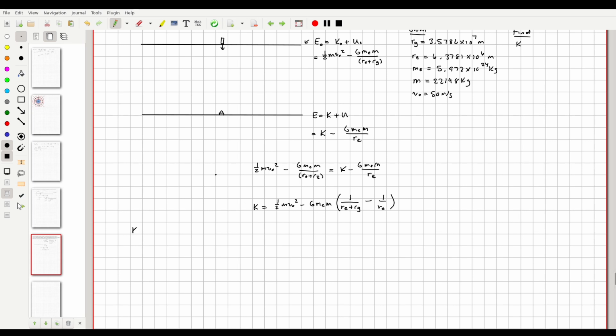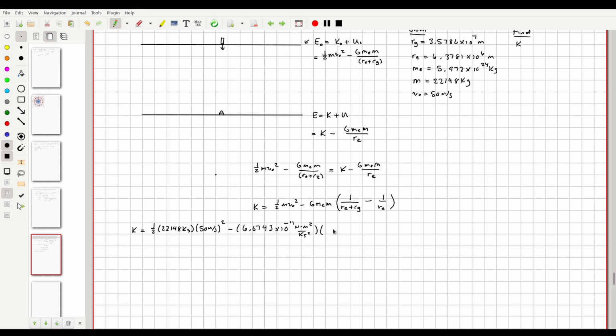So that's a pretty big thing. Let's do this calculation here. One half m, 22,148 kilograms, V, 50 meters per second squared, minus G, which is 6.6743 times 10 to the minus 11th Newton meter squared per kilogram squared.